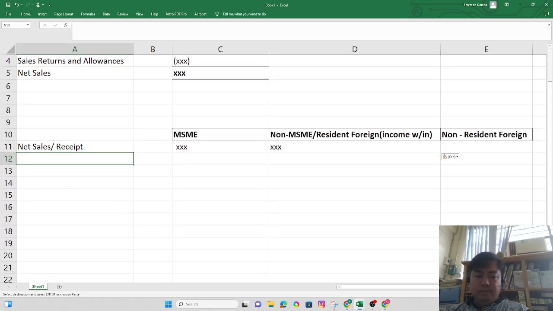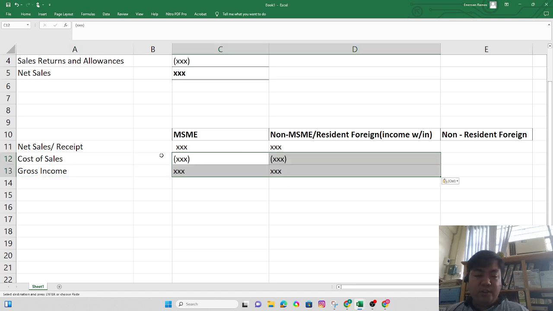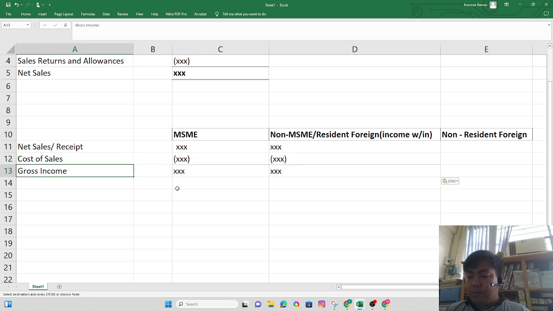Okay, then after computing for the net sales, we will be deducting the cost of sales to come up with the gross income. So technically, the gross income is equal to our gross profit. So to avoid confusion, we will use the term gross income.